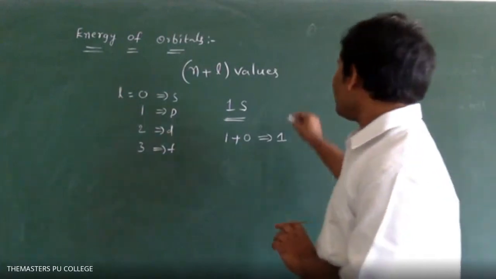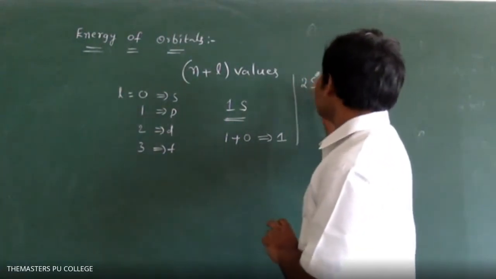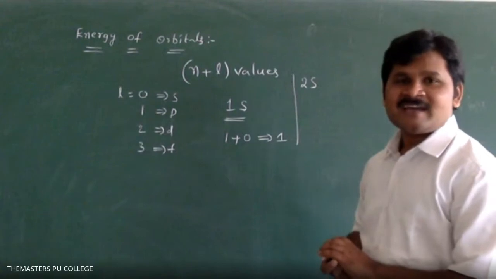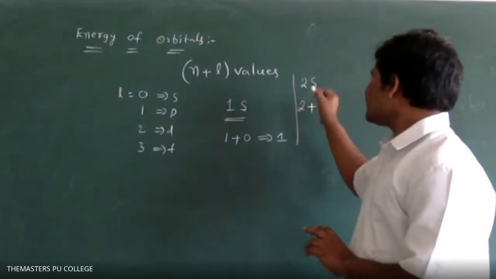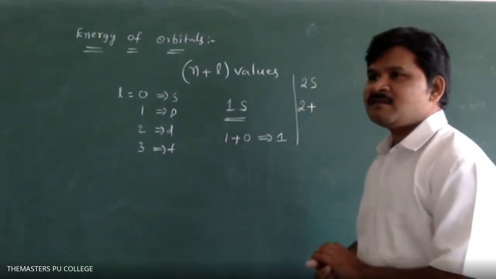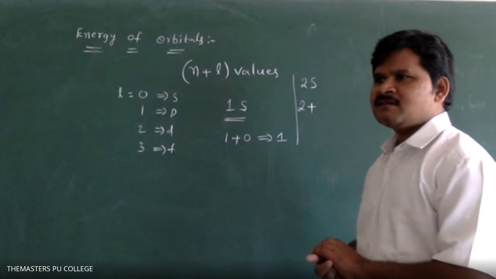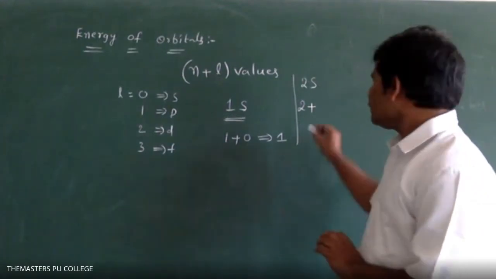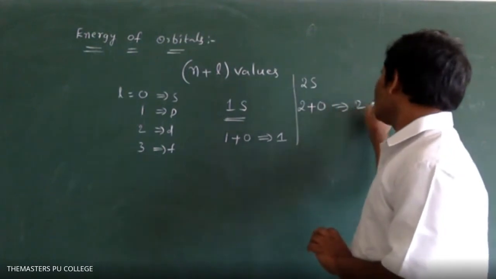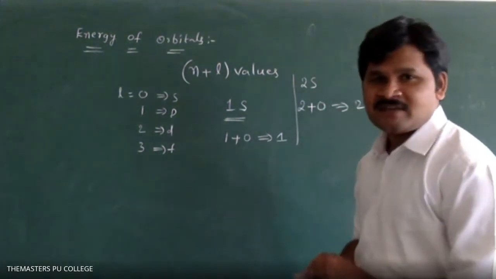What about the 2s orbital? What is the n value? 2. What is the L value for an s orbital? 0. So 2 plus 0, 2. This is the n plus L value for 2s.